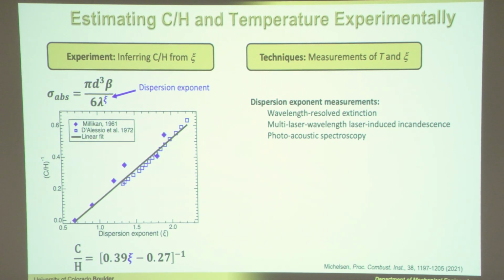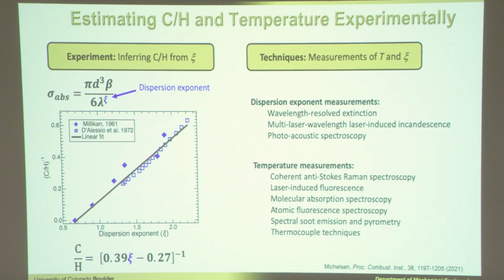Or multi-wavelength, so the dispersion exponent you can get from multi-wavelength LII or photoacoustic spectroscopy. And then you also want temperature, because you want to know in the flame as a function of temperature. You can do that with a whole bunch of different spectroscopies. We'll talk about that in a little bit.